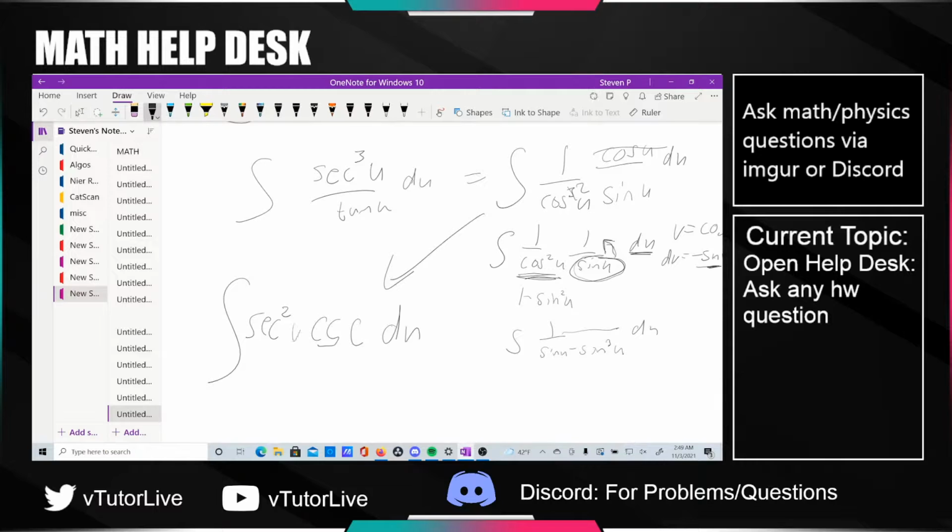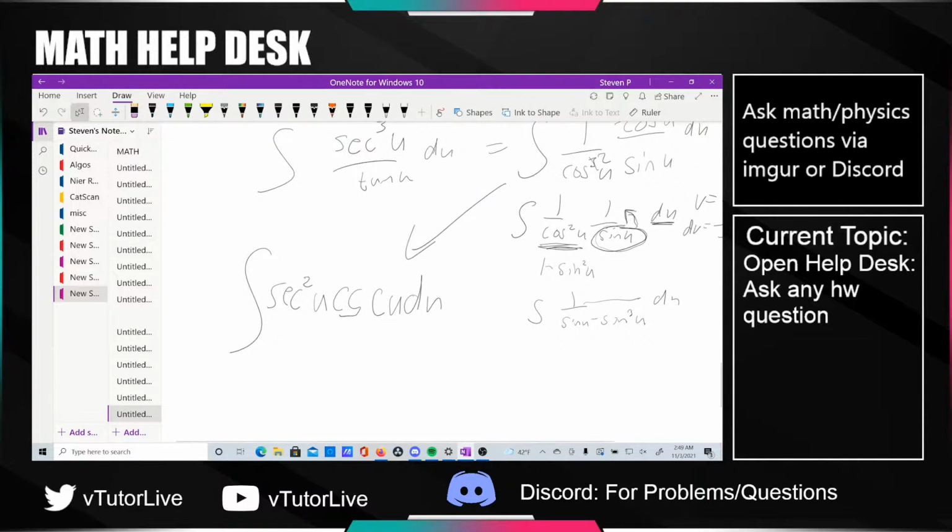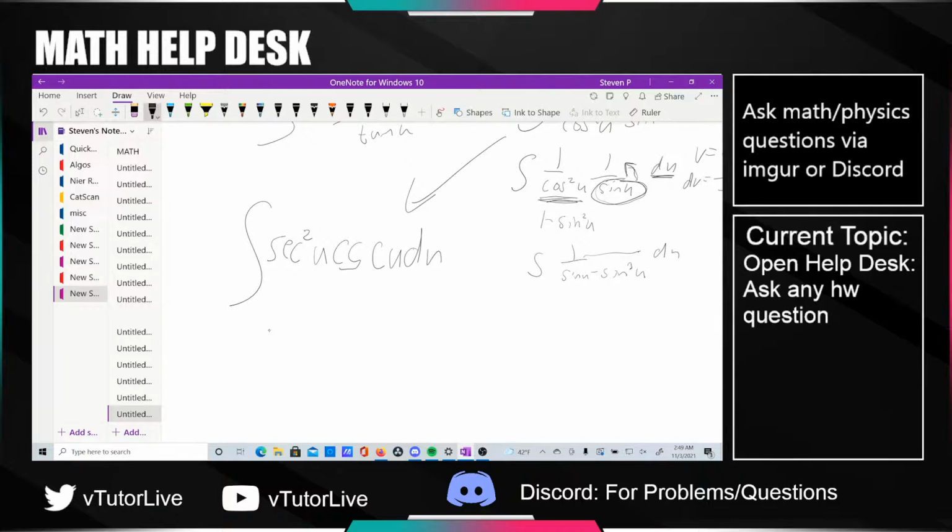Okay. Secant squared u. Oh yeah, we're getting into some really nasty stuff right now. But secant squared is just 1 plus tan squared u times CSC, right? And at this point, are we making progress?